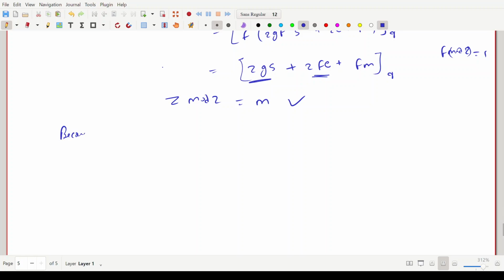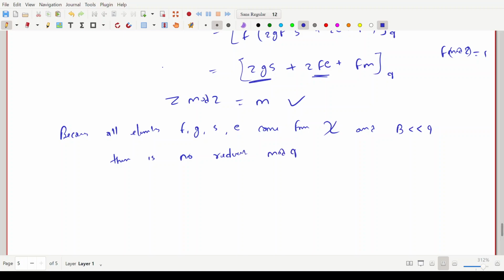Because all elements f, g, s and e come from the distribution and B is very small compared to q, there is no reduction modulo q. And as I told you, the error part should be less than q by 2.